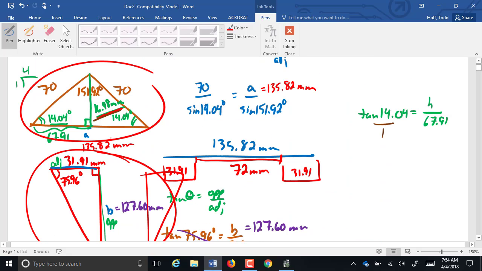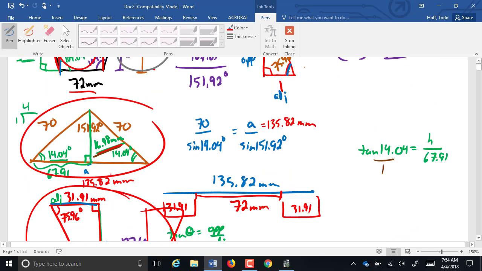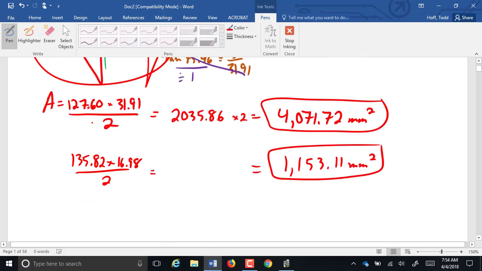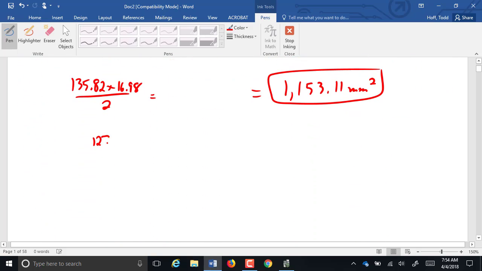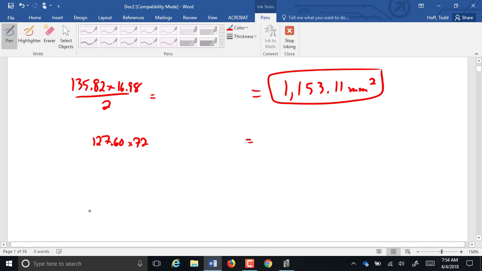We have this rectangle here. It's 72 by 127.60, which is 9187.20.